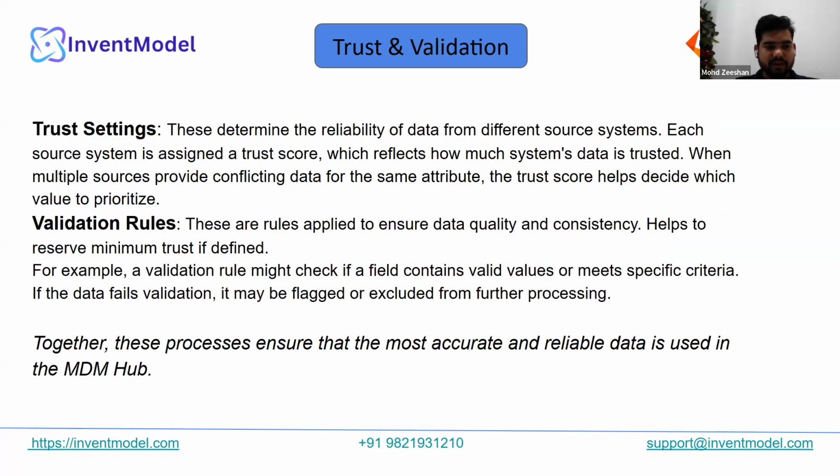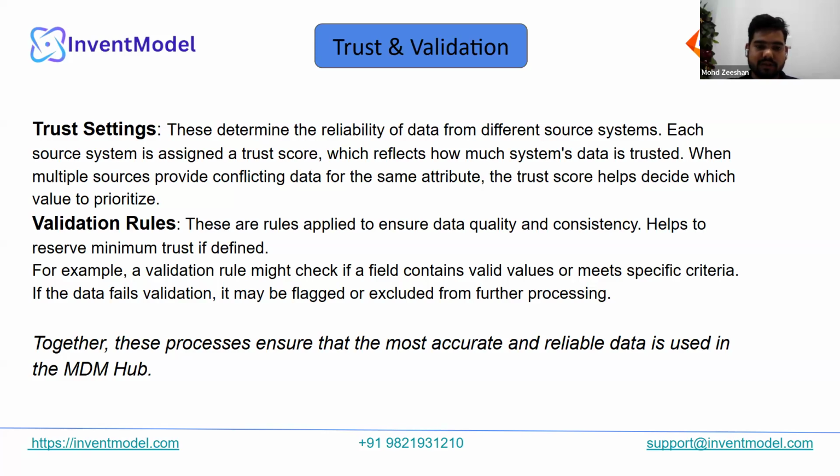Then we have trust and validation. For this, we can take an example, an entity. Suppose we are getting the data from different sources. Then how can we detect which record is correct and which is not? For this, we can define a trust value for every column and every value.